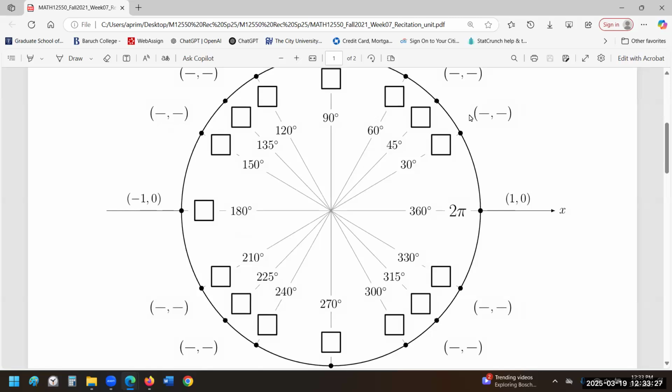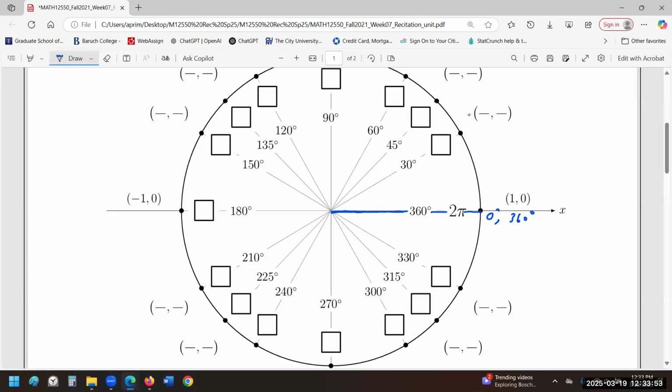Now, first thing I'm going to show you is how to convert all these degrees into radians. If you observe, this is either 0 degree or 360 degree. It's 0 degree if you just stay there at 0 degree.